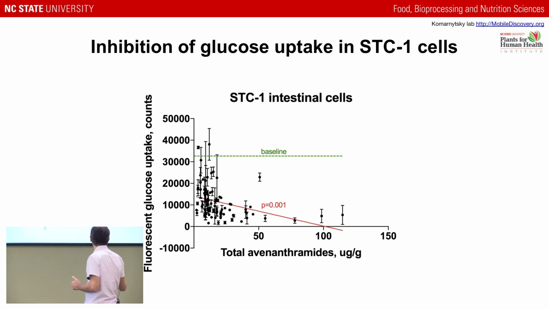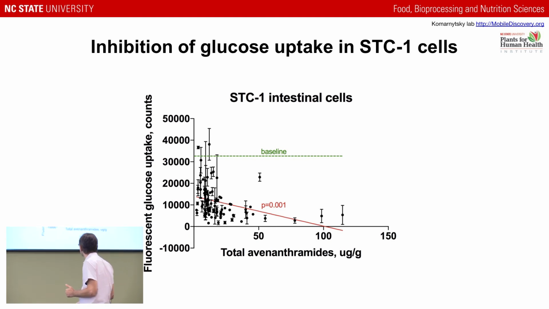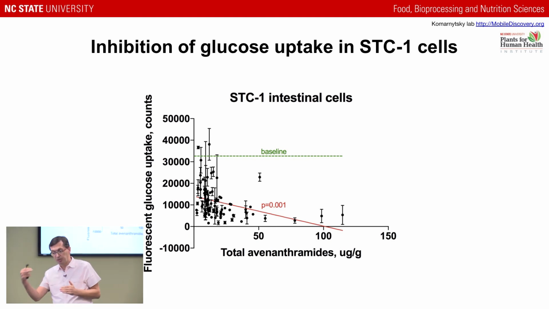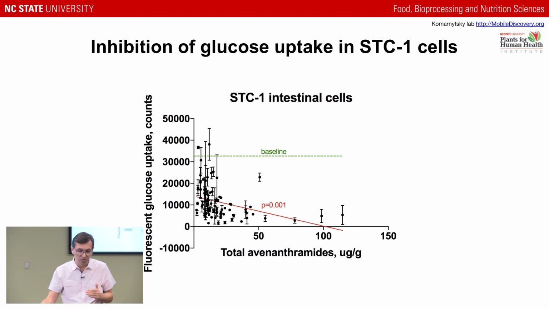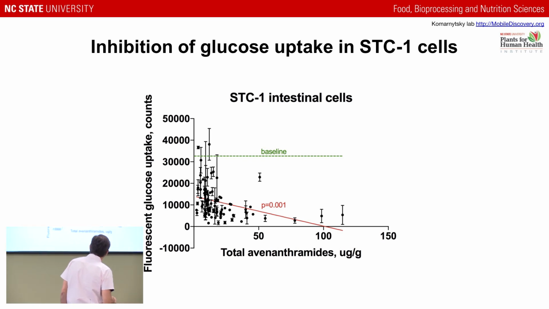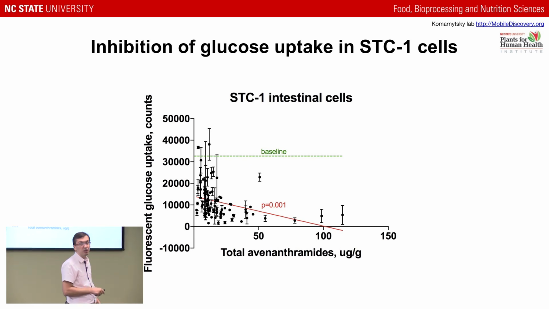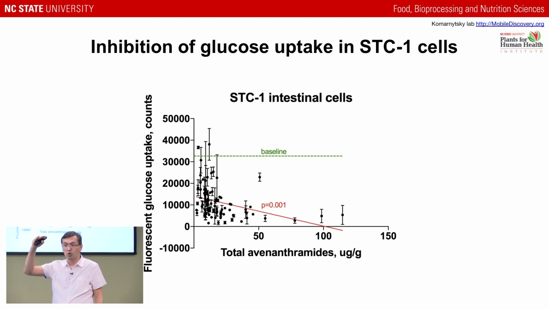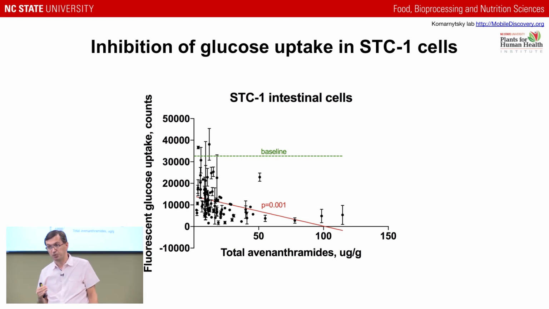And this is our baseline read, about 32,000. And then, if you at the same time challenge the cells with the oat flour digest, you see a variety of different reads, but the varieties which produce, say, 60 or more micrograms per gram of avenanthramide lead to a very dramatic decrease of glucose absorption.